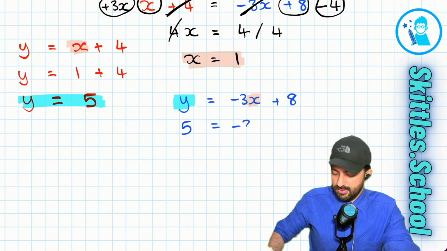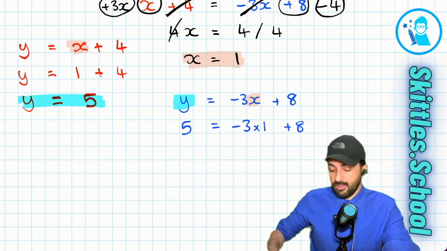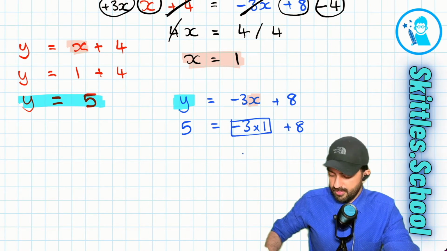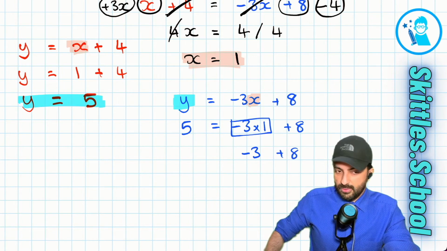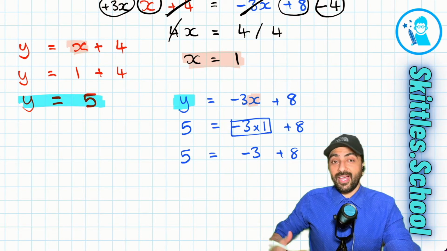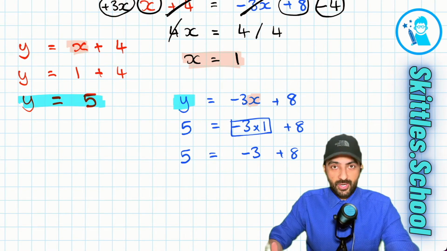X is 1, so it's times 1. And plus 8. And now let's work all of this out. So minus 3 times 1 is just minus 3. So now it's minus 3 plus 8 equals 5. And that works, so we know that we've got x and y correct.